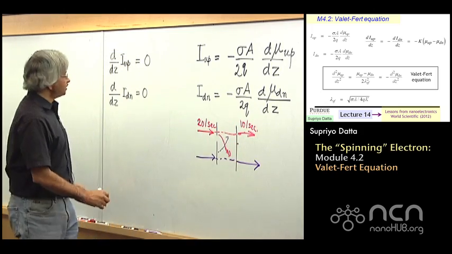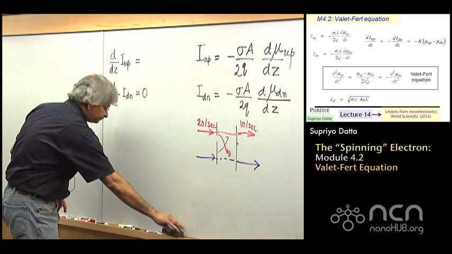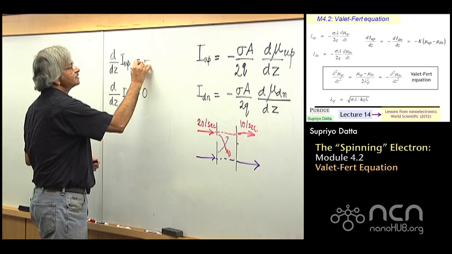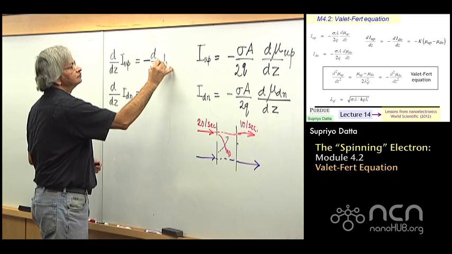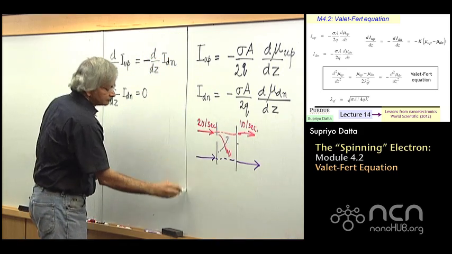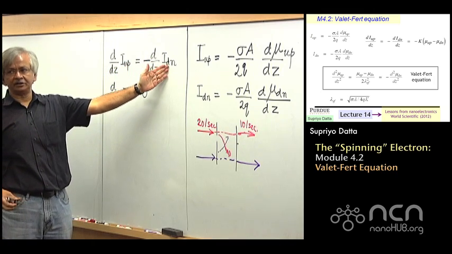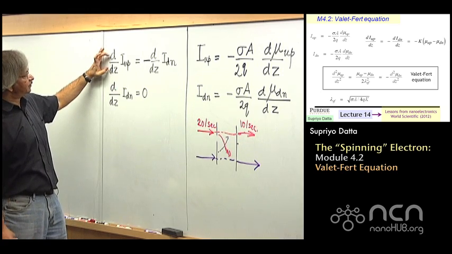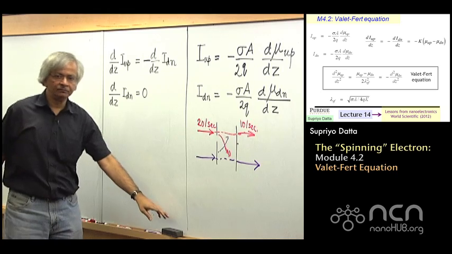And so, in general, what you could do is write d/dz of I up is equal to minus d/dz of I down. So the rate of change of I up is the negative of the rate of change of I down, which means the sum of the two doesn't change. So if I looked at the derivative of I up plus I down, that would just be 0.